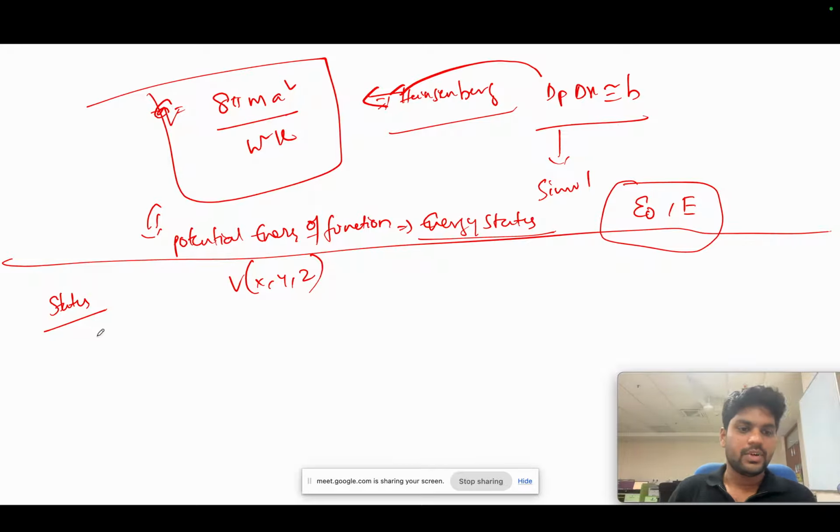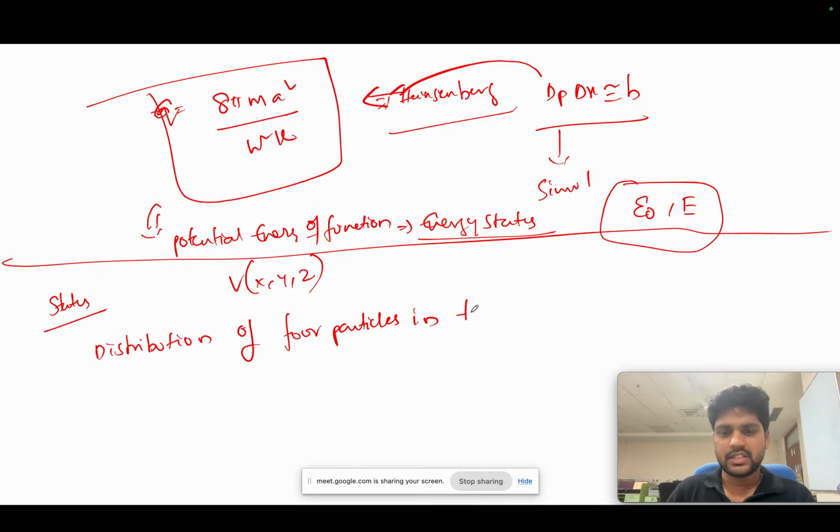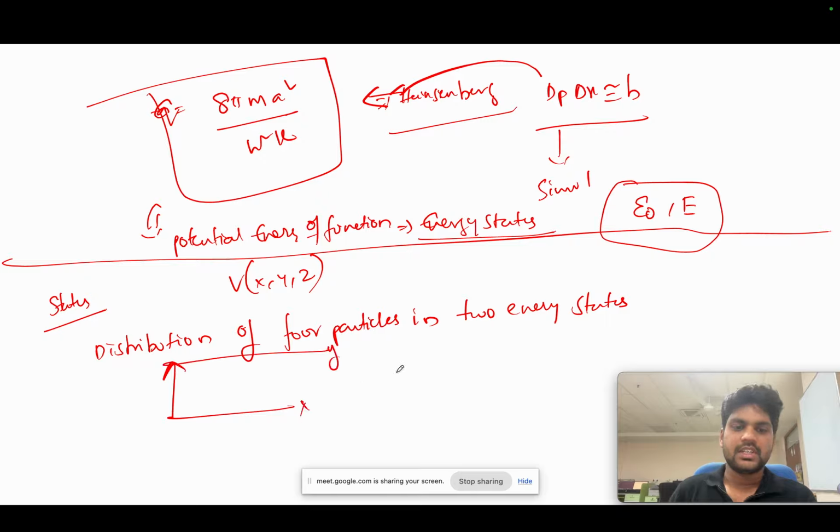So if you remember in the first class, sir has gone through the distribution of 4 particles in 2 energy states. So what it means was, they have 2 different states, one at x, one at y, and you want to divide the 4 particles.